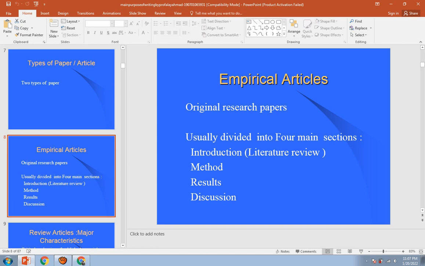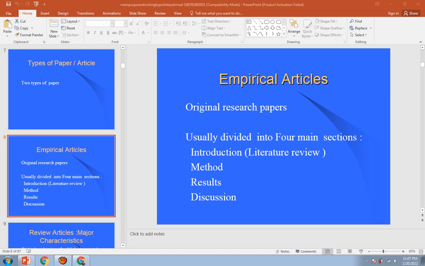Again, the definition of an empirical article is that the data has been collected under controlled and experimental conditions. One has conducted that. Now, I repeat. Why repeat?